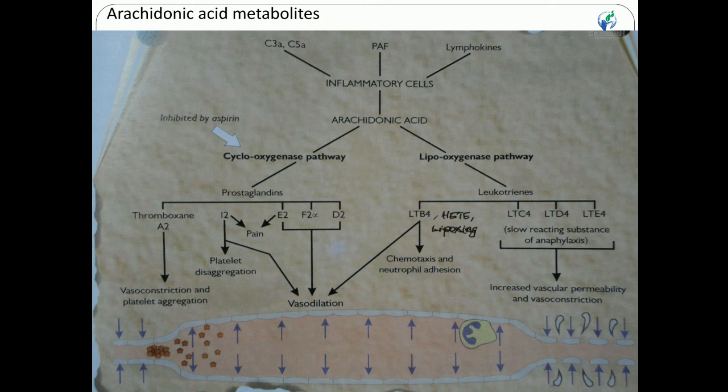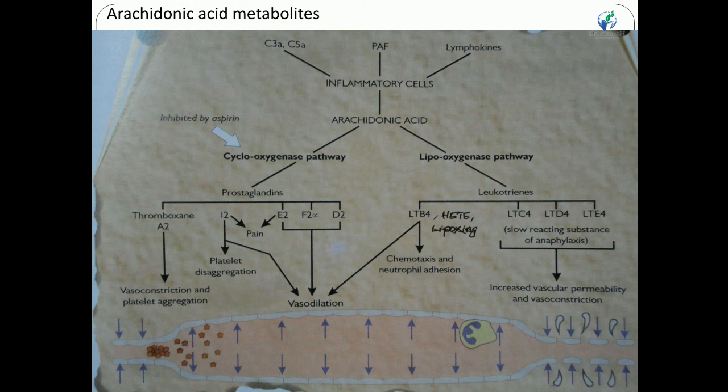There will be margination, then rolling, and next is adhesion and activation. Here, under the influence of LTC4, LTD4 and LTE4, actually these C4, D4 and E4 are the slow reacting substances of anaphylaxis, right?